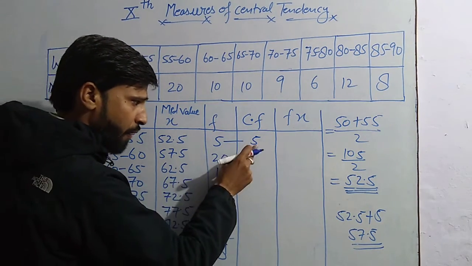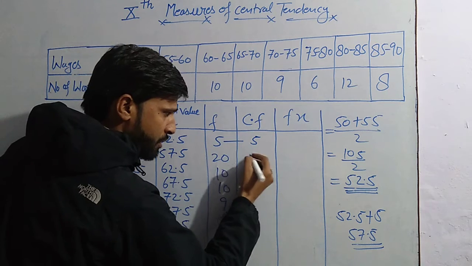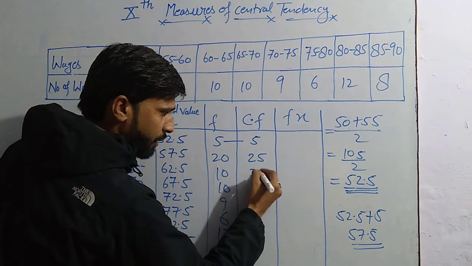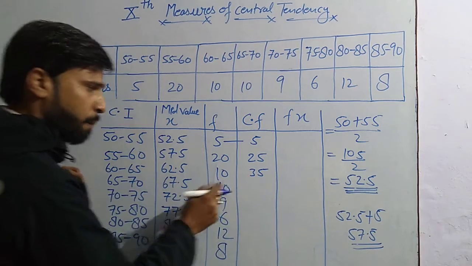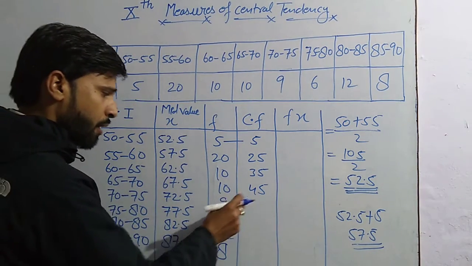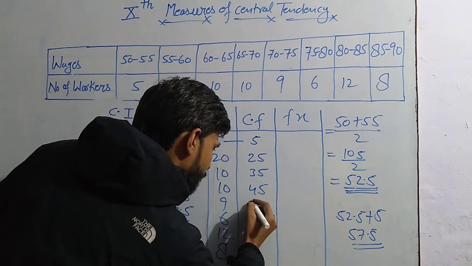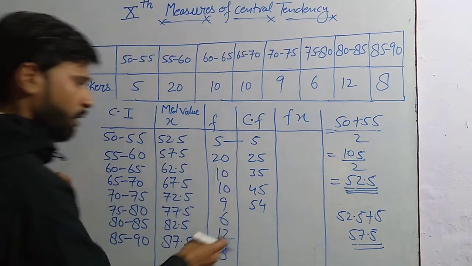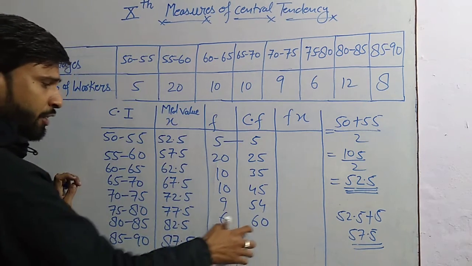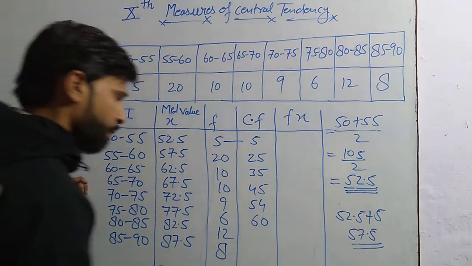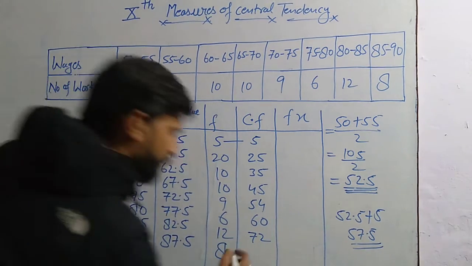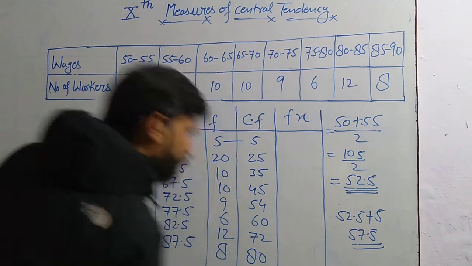The next term is 5 plus 20, which means 25. 25 plus 10 converts to 35. 35 plus 10 is again 45. 45 plus 9 is converted to 54. 54 plus 6 is 60. 60 plus 12 means 72, and 72 plus 8, then we get 80.